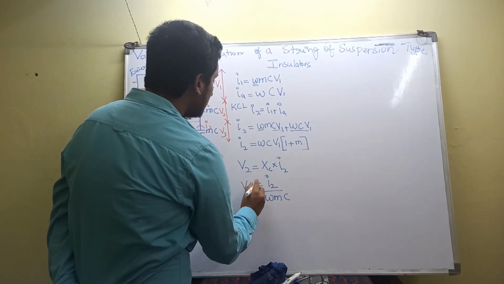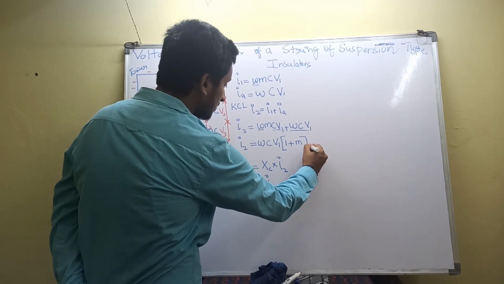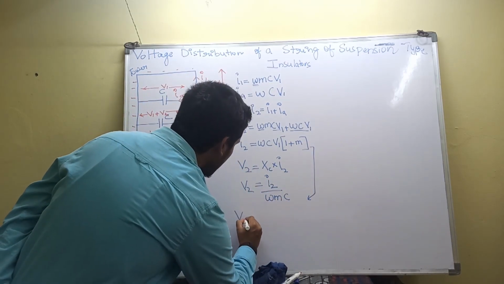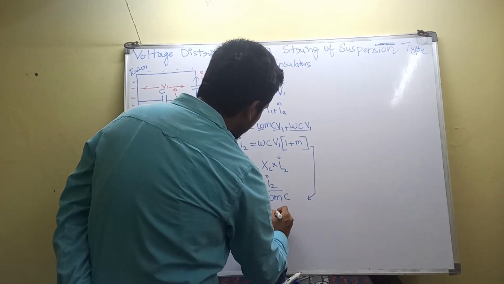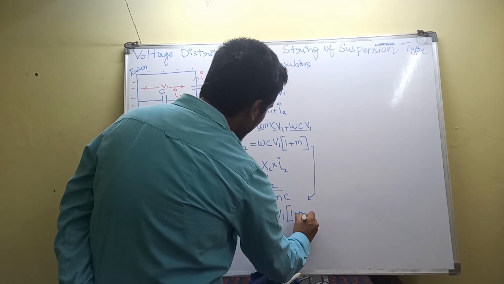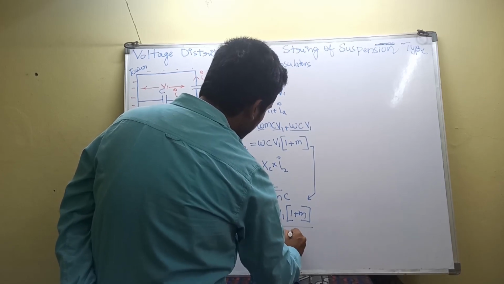Now take this I2 from here and substitute it. So what is going to happen? You see it here. I can write V2 equal to omega C V1 into 1 plus m, whole by omega MC.